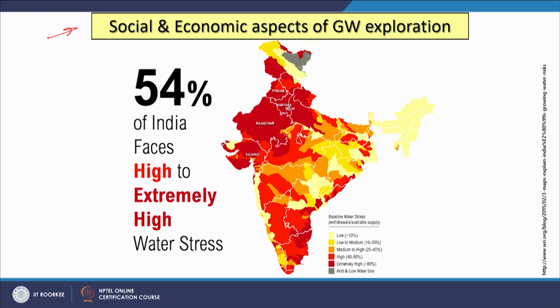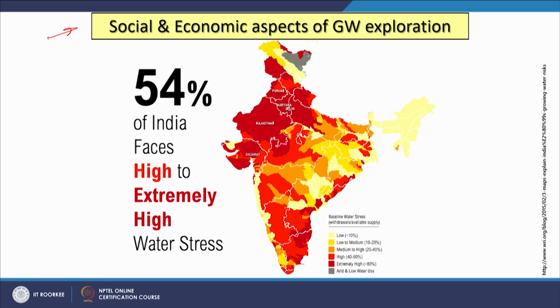You can see here that 54% of India faces high to extreme water stress. So, say in the Indo-Gangetic plain, the economic forces are not that strong, because you are getting water very easily. But in areas where you do not have much water, because it is required for the sustainability of human and animal life, the economic factors become completely different from where water is available.